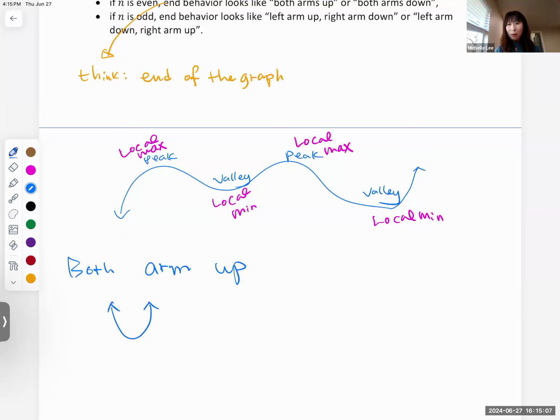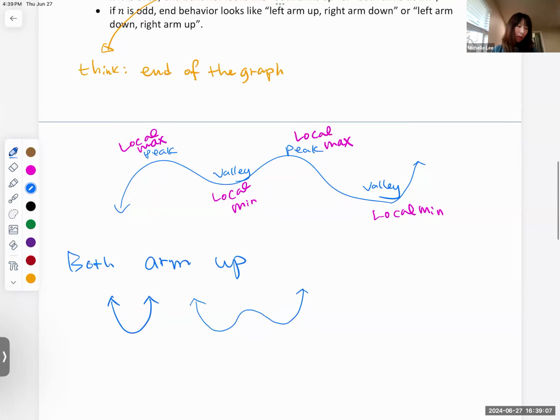That's the common one, right? And then we can have this kind of graph also, both arms up, right?